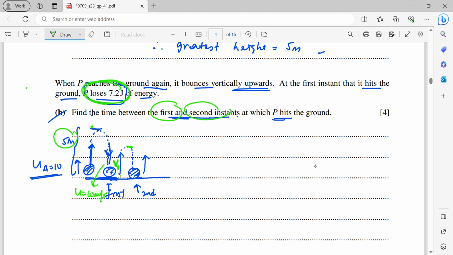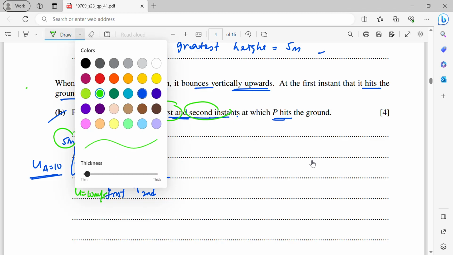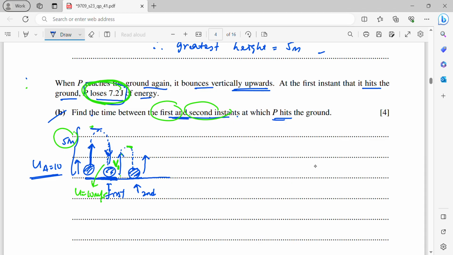Okay, so from here I will write initial kinetic energy equals final kinetic energy plus loss of energy, according to the conservation of energy principle.